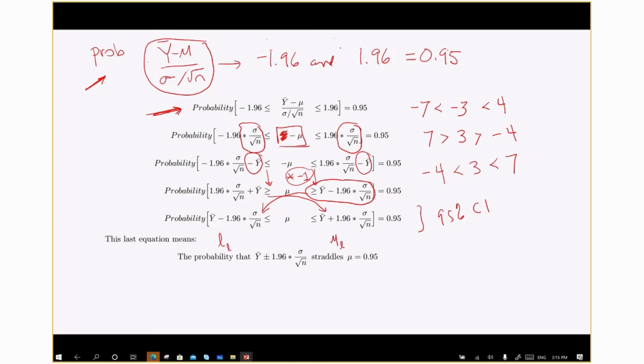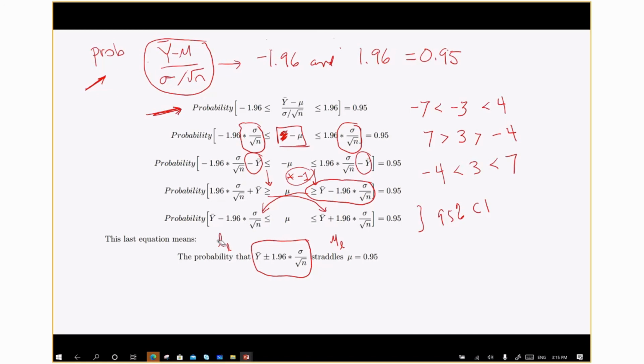And what we can say, therefore, is that the probability that this particular value, y bar plus or minus 1.96 times sigma over root n, straddles mu is equal to 0.95. And actually, I think I made a bit of a mistake here. Instead of erasing it, I'll just go over it as a learning thing.